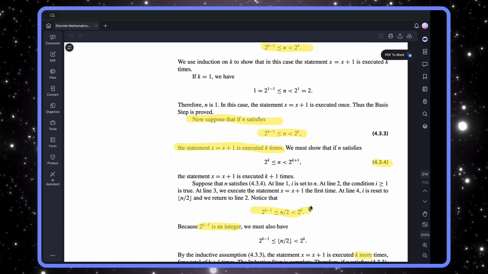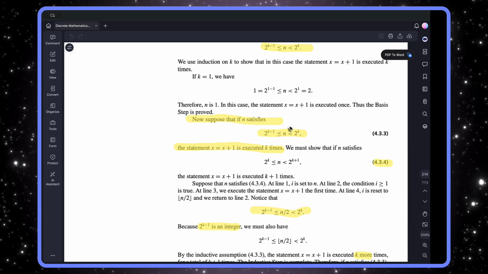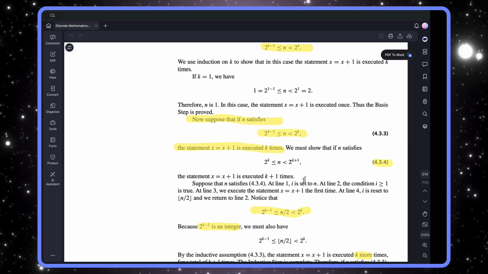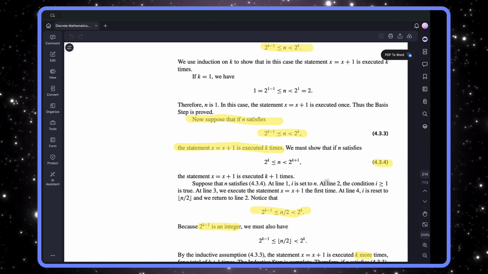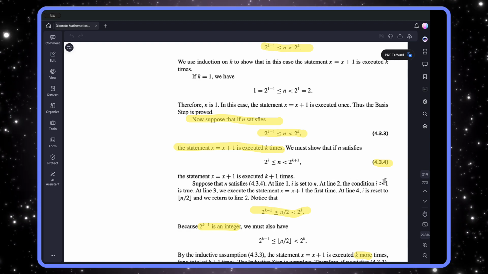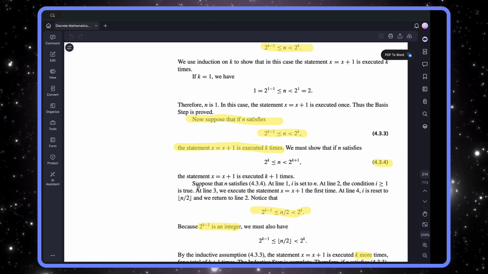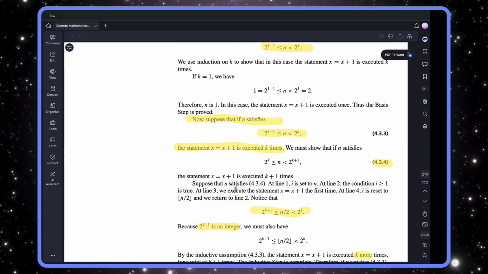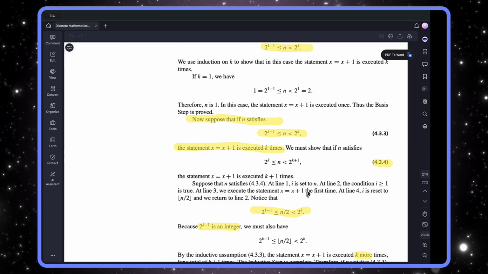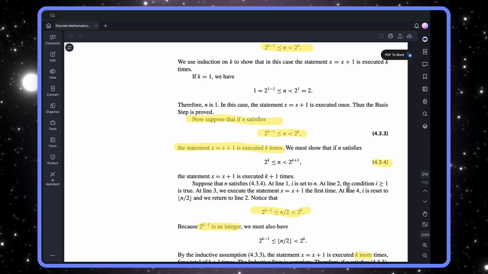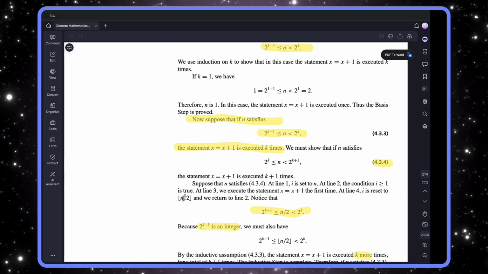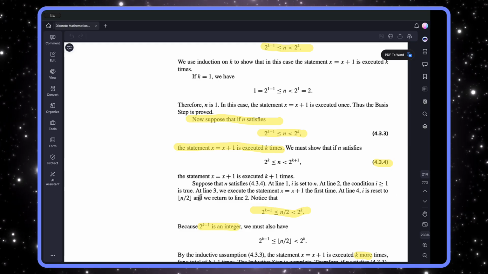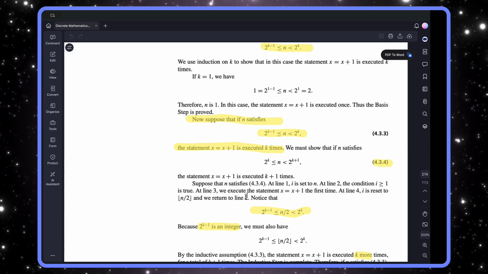Well, let's see. Suppose n satisfies this inequality. So at line 1 of the algorithm, I is set to n. At line 2, the condition I is greater than or equal to 1 is true. At line 3, we execute the statement x equals x plus 1 the first time. At line 4, I is reset to the floor of n divided by 2, and we return to line 2.